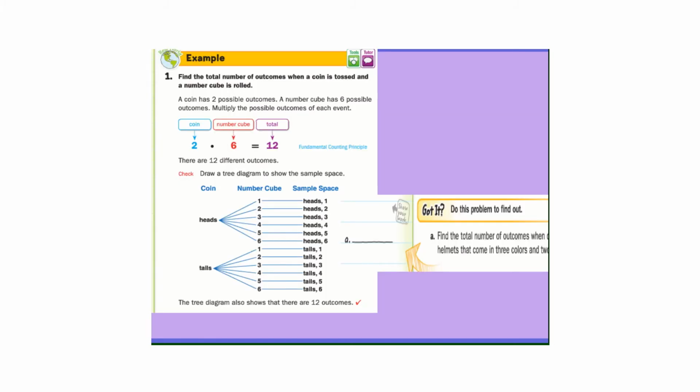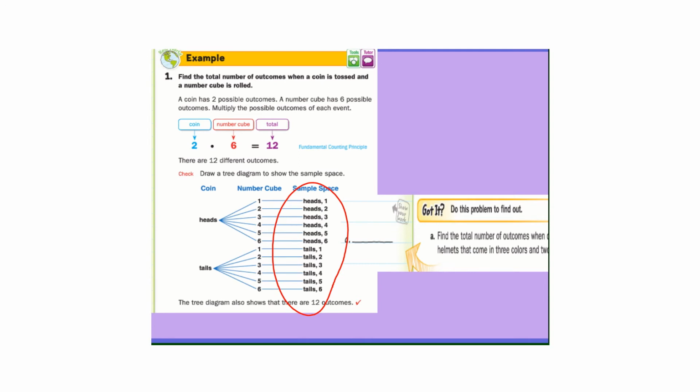So we have 2 coins and we have a number cube, or I'm sorry, not 2 coins. We have a coin with 2 outcomes, a heads and a tails. We have a number cube with 6 outcomes. So if we roll a number cube and toss a coin, 2 times 6 is 12, we should have 12 outcomes.